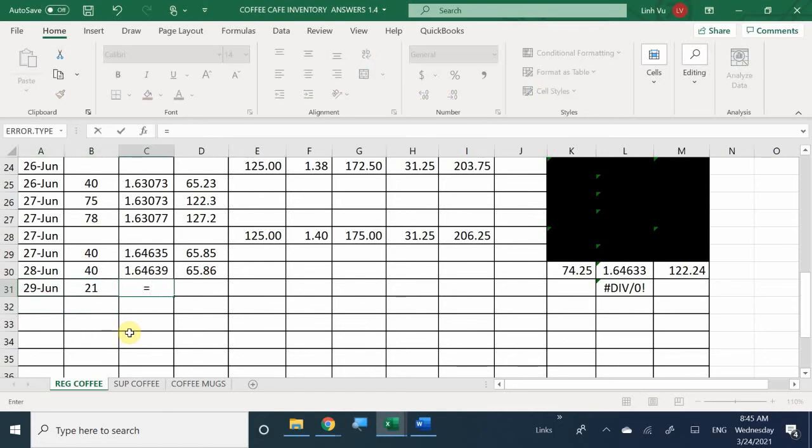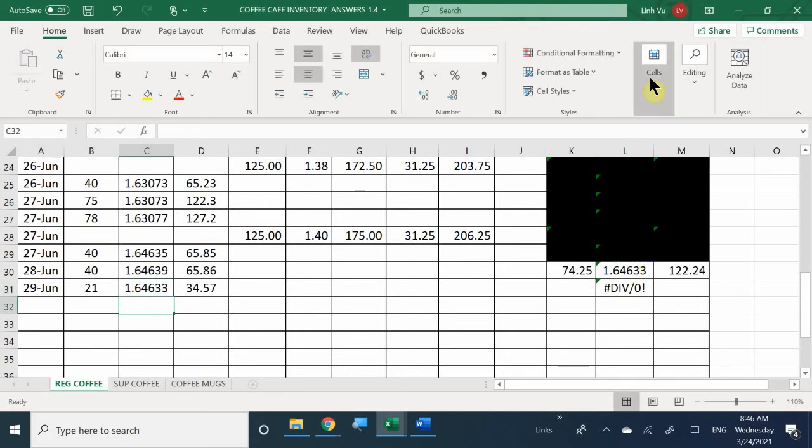Okay. Add a grand total of this number right here. So what is my total cost of goods sold for the 21 pounds of coffee? 34.57.